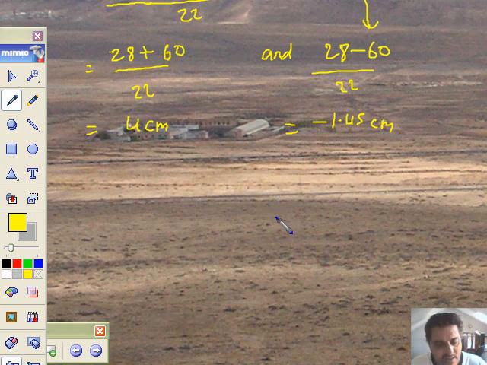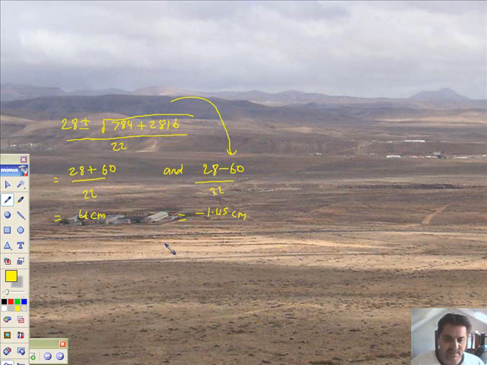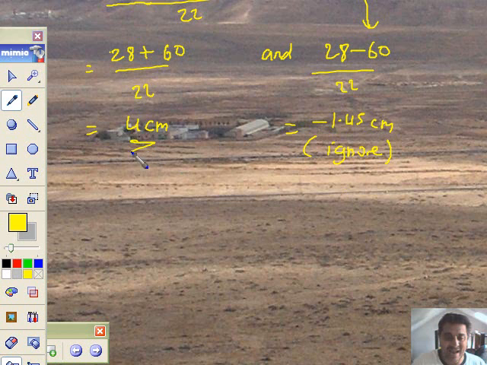Well, listen, you should recall now, since we're playing with actual physical lengths here, this length cannot be minus anything, can't have negative lengths. So I'm now going to write in this bracket here, ignore, just to show the examiner I'm not using that solution at all. Now, had it been another positive solution, I've got to use them both and get lots of answers. So the only valid solution is x is 4.